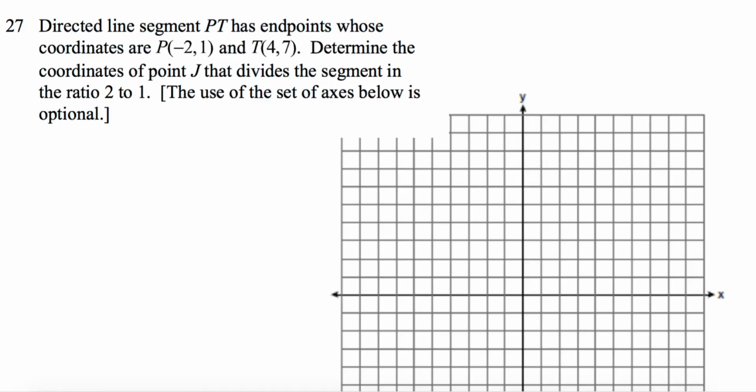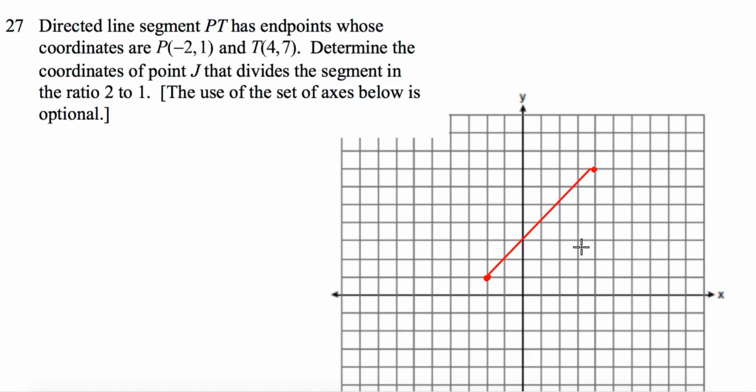So let us look at the directed line segment here. It says P is equal to negative 2 comma 1, so it's right over here. And T is equal to 4 comma 7. So that's the points that we see. So I'm going to connect it here to here.